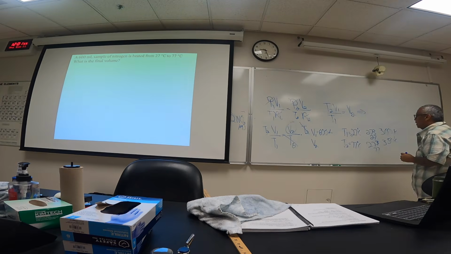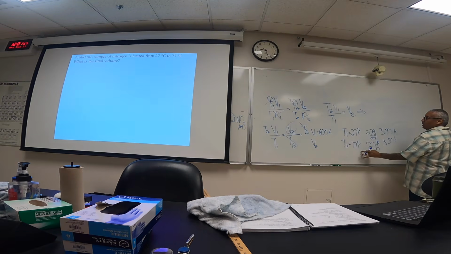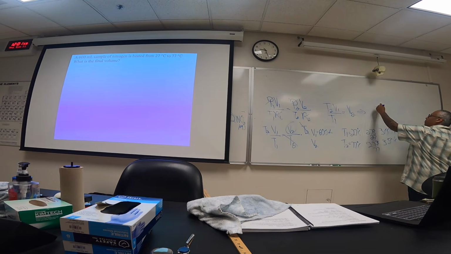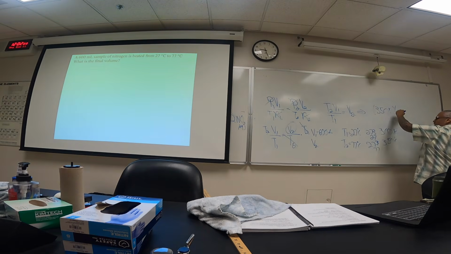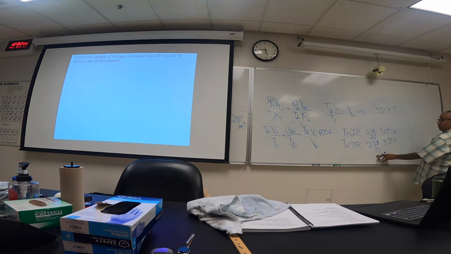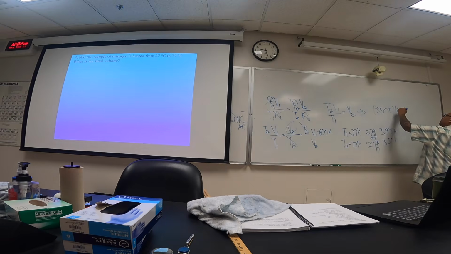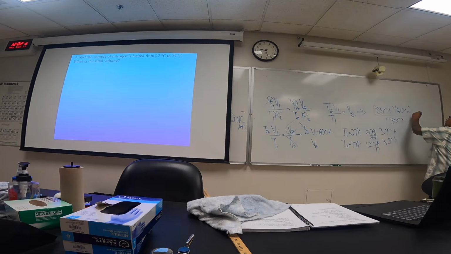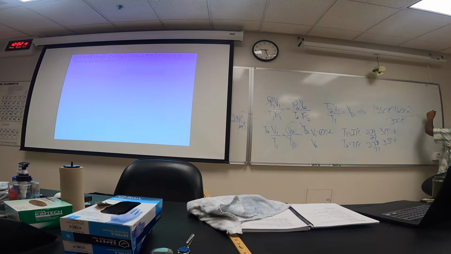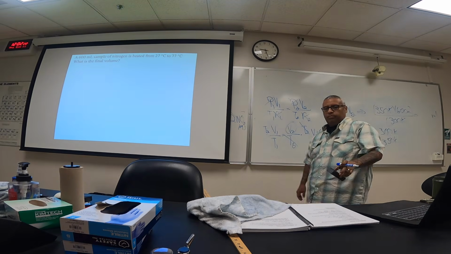All right, so now we're just going to stick everything into the problem. So we have 350 Kelvin times initial volume 600 milliliters over initial temperature 300 Kelvin. Kelvin cancels Kelvin, and whatever our answer is in milliliters.